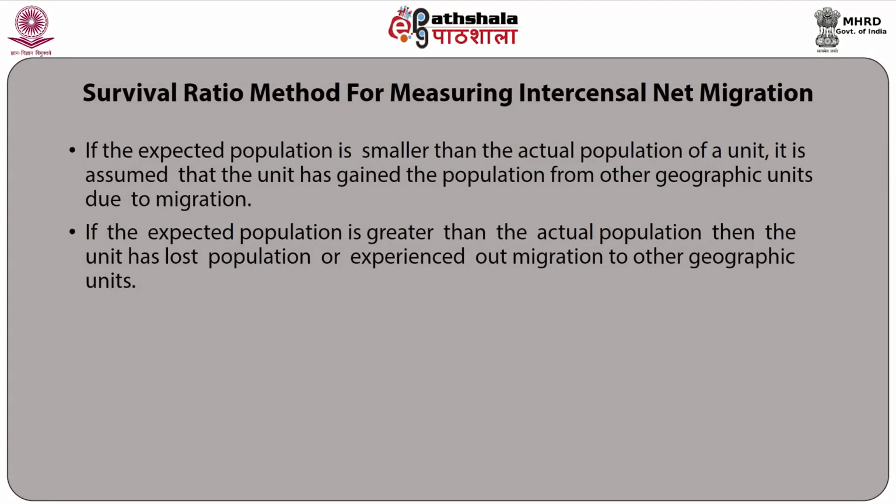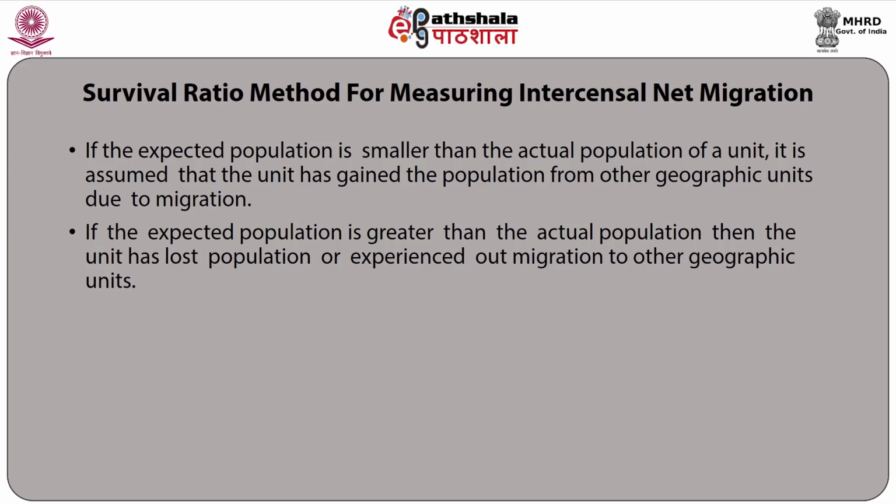If the expected population is smaller than the actual population of a unit, it is assumed that the unit has gained population from other geographic units due to migration. If the expected population is greater than the actual population, then the unit has lost population, or experienced out migration, to other geographic units.